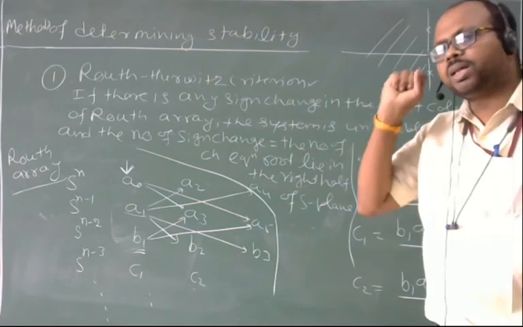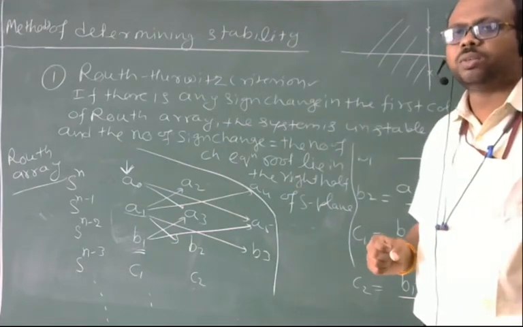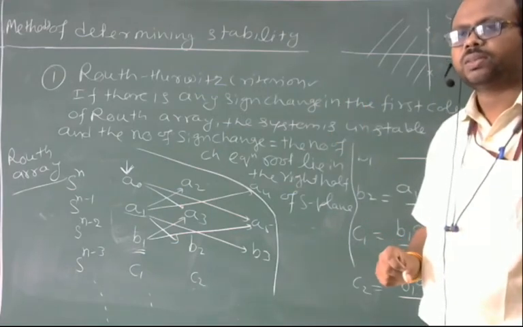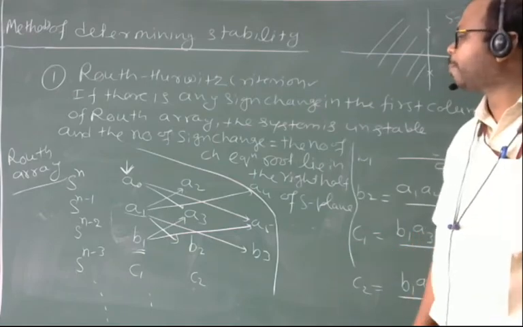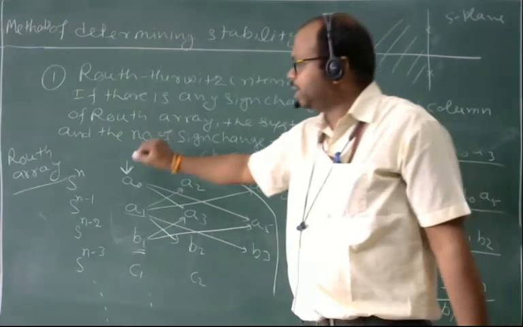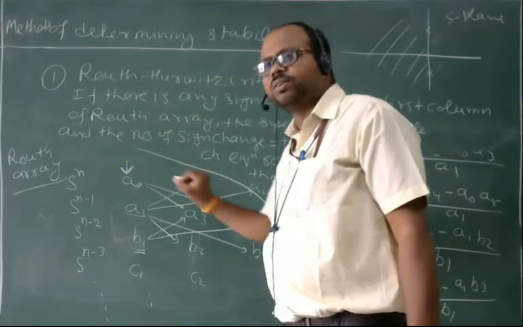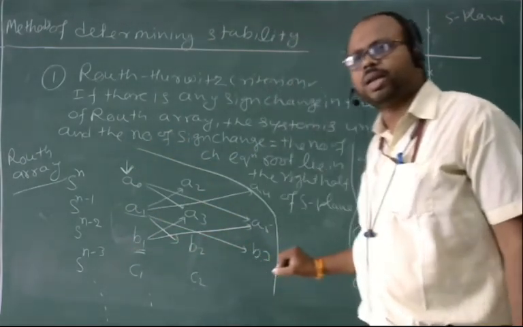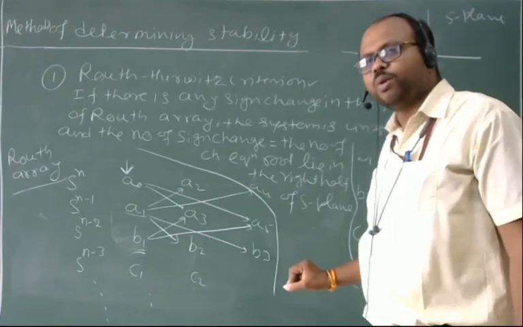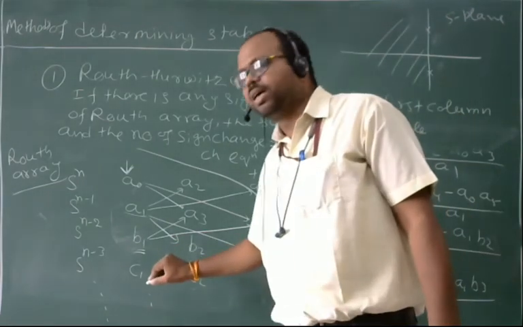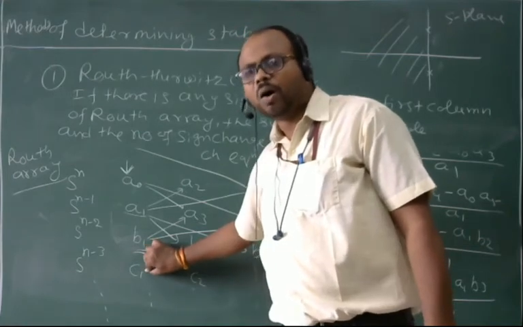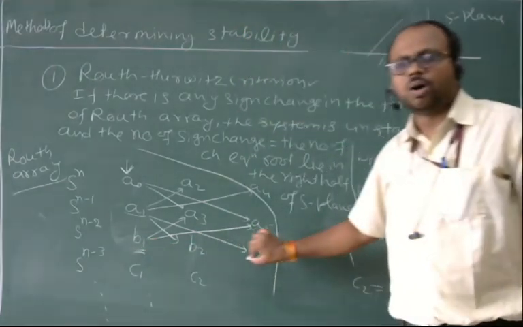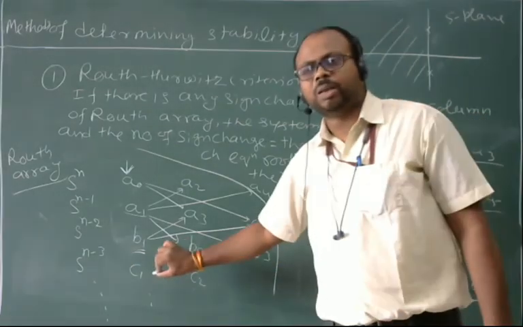And when complex roots lie on the imaginary axis, here in the Routh-Hurwitz table, in the Routh array, we will find 0 either in the first place of any row or in the place of all elements in a row.